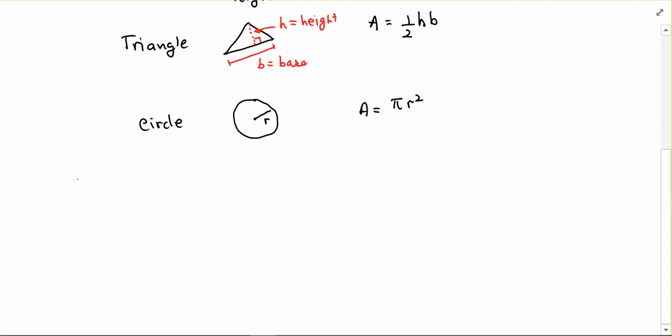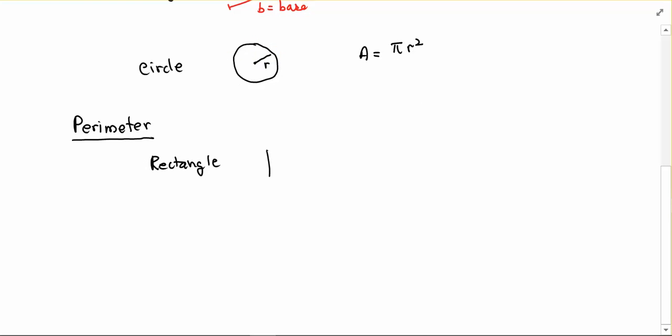Some other formulas could be the formula for perimeter. And so perimeter of a rectangle, so here is a rectangle. We have length and width. Now perimeter means the length along the border, right?